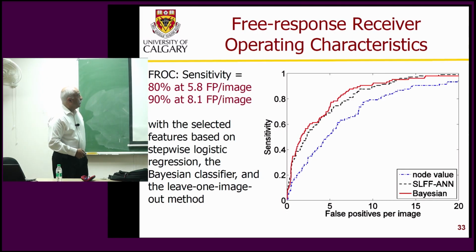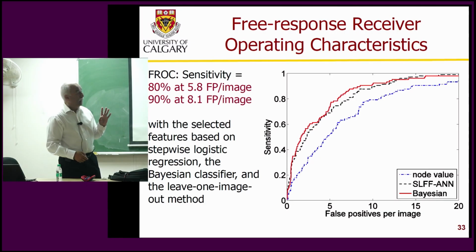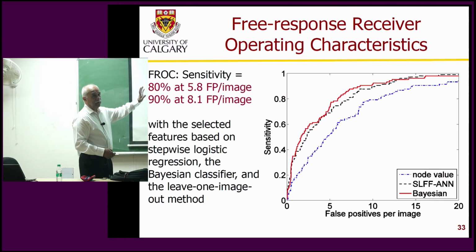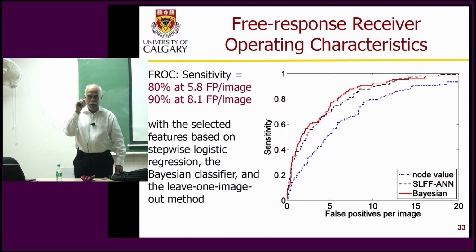Then we got this result, shown in what is called a free response receiver operating characteristic. In FROC analysis, you plot the sensitivity of detection of architectural distortion. How many points that you marked are actually true positive regions?